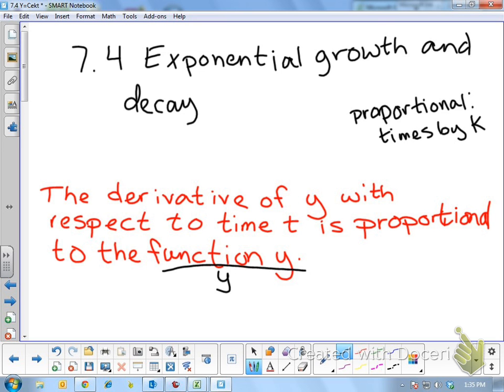So k is just a constant, and inversely proportional is either saying times by 1 over k or divide by k. Most often they write it as times by 1 over k, but really that's the same thing.